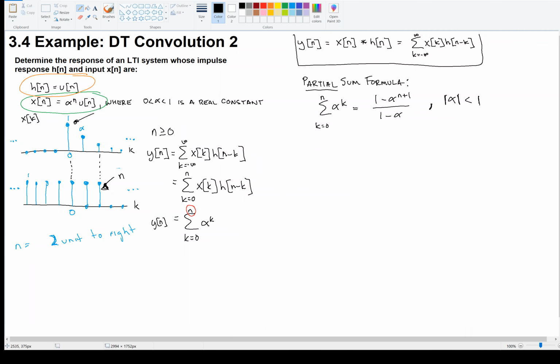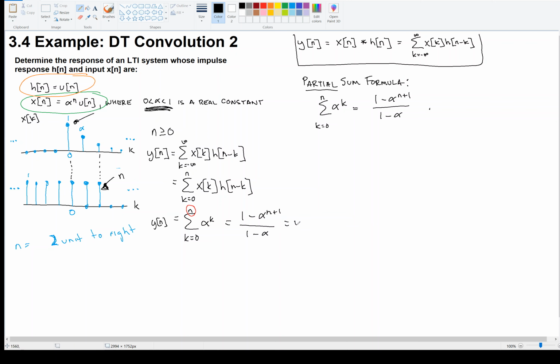We made an even stronger constraint at the beginning to say that alpha is between 0 and 1. Actually, no, back up. I'm sorry. The partial sum formula holds for any alpha. So we evaluate this, and we've got 1 minus alpha to the n plus 1 over 1 minus alpha.